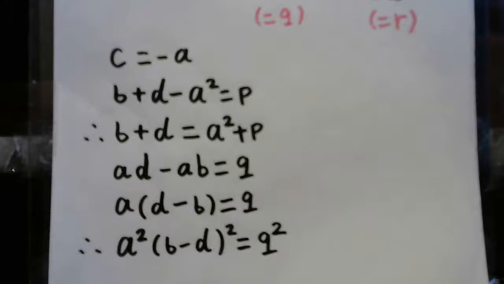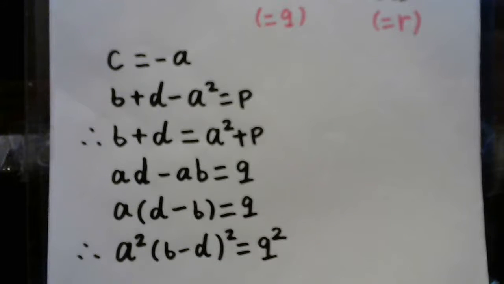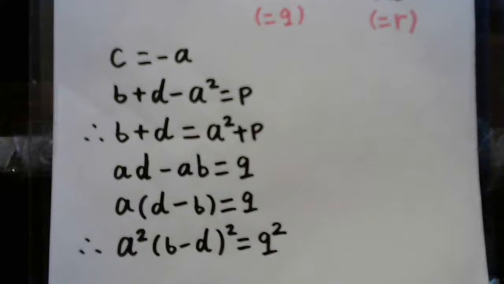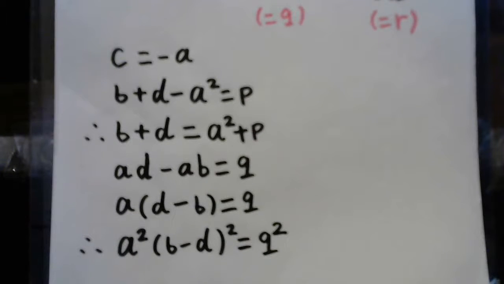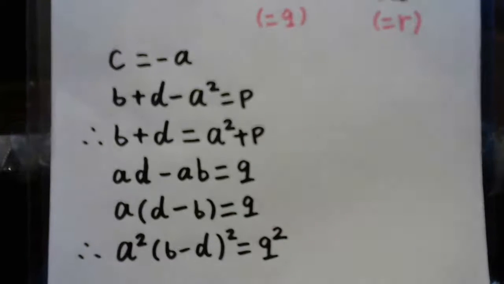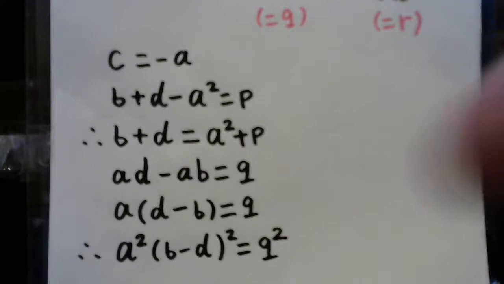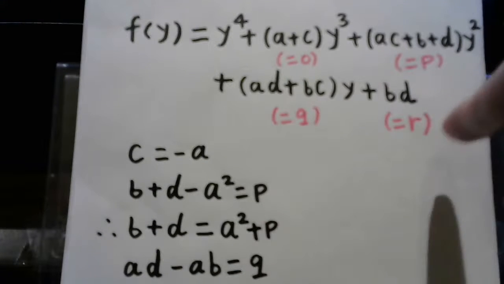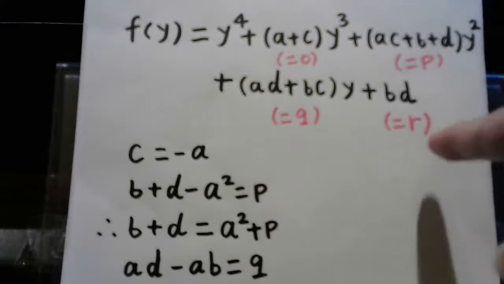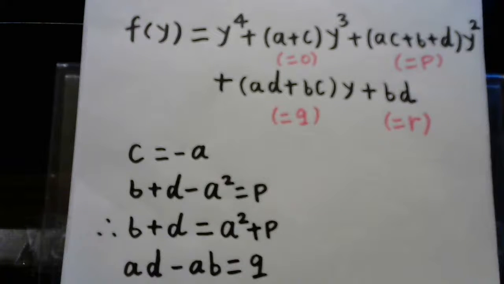And we plug them into this equality: bd is equal to r.